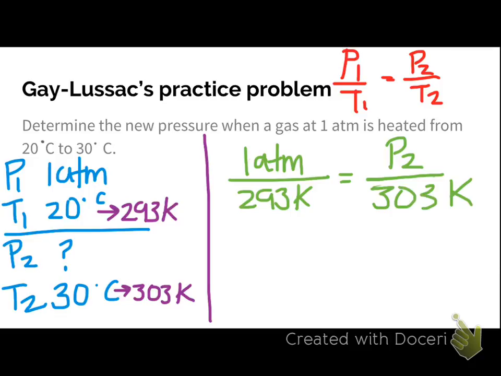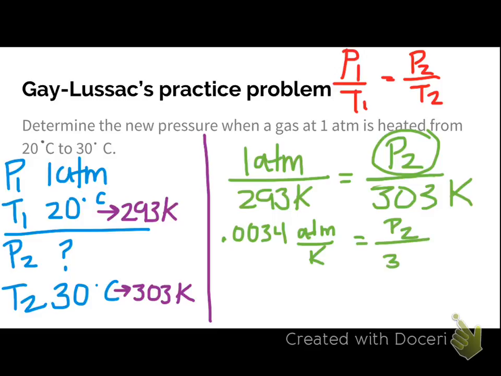All right, so we're solving for this P2 here, so let's do the math. On that left side of the equation, we have no variables, so let's do the math there. We have 1 divided by 293, which gives me 0.0034 atm over K equals P2 over 303 K. Now to get that K on the other side, I'm going to have to multiply.